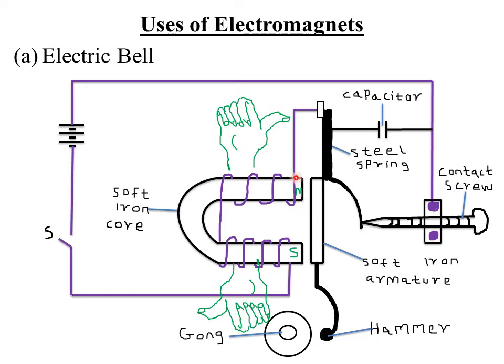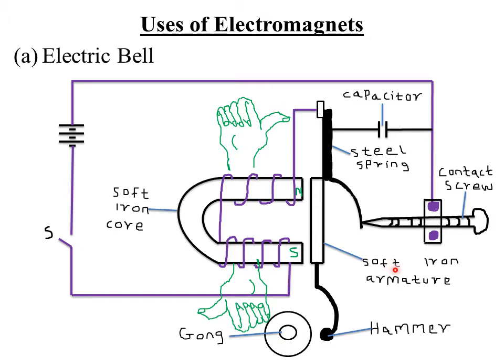So the soft iron armature gets attracted to the polarities of the magnetized soft iron core.